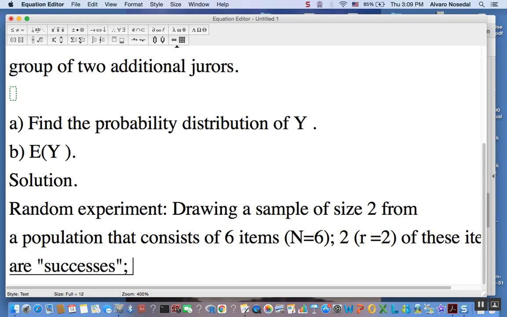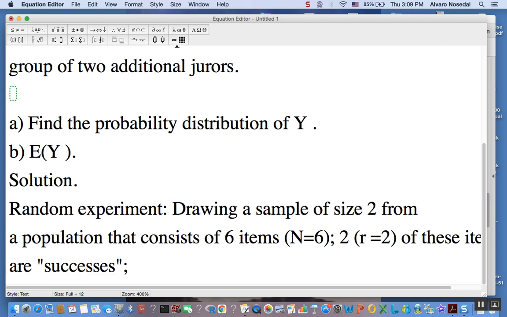Okay, and naturally, if we have a population of size 6 and only two of the items in that population are considered successes, then the remaining items are going to be considered as failures, right?